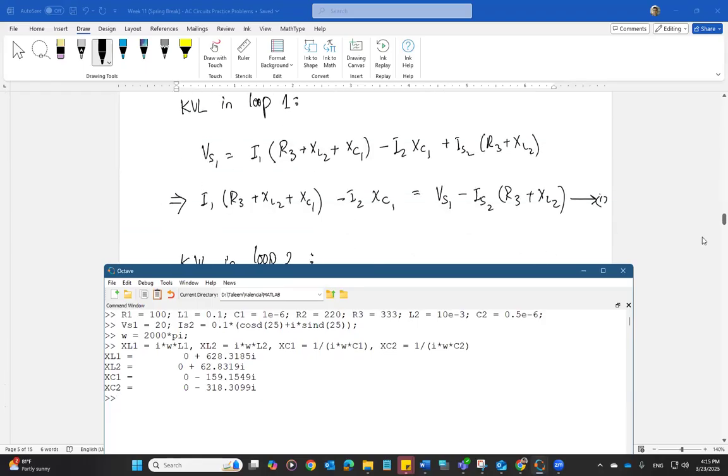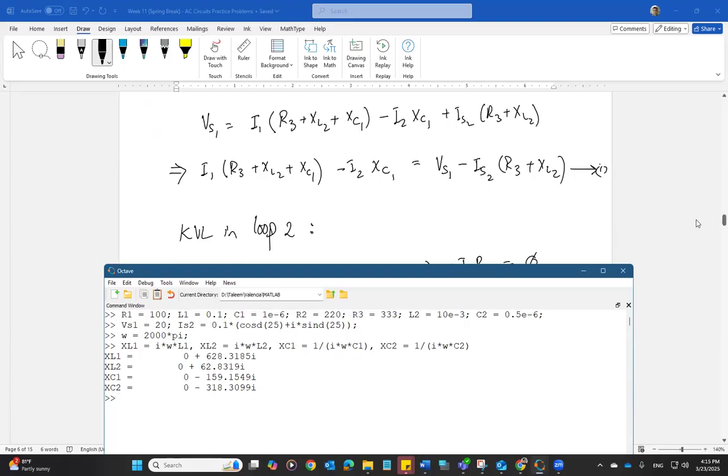Now I am ready to evaluate my I1 and I2. Let's say the coefficients of the current I. The coefficient in the first equation is R3 plus XL2 plus XC1; that's the first row, first column.